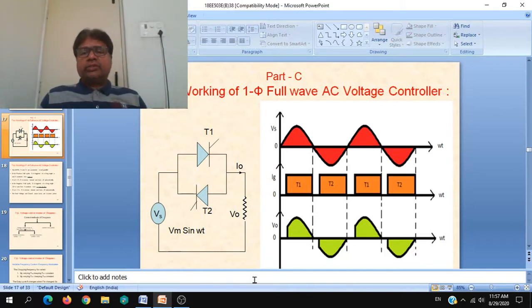And eventually, the voltage fed to the load is less when compared to the actual supply voltage, because of this turn off time, this gap during which no voltage is applied across the load, so net average voltage applied across the load will be less, so power delivered to the load will be less.